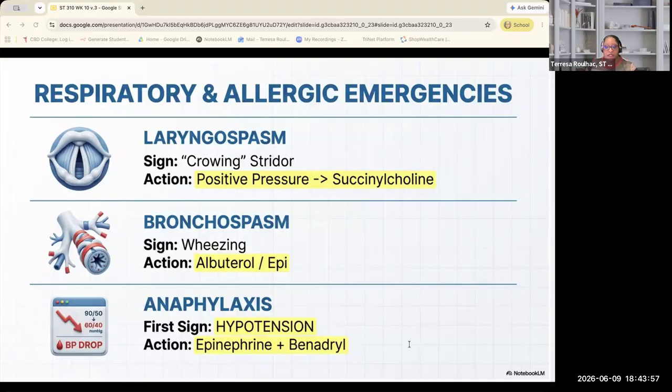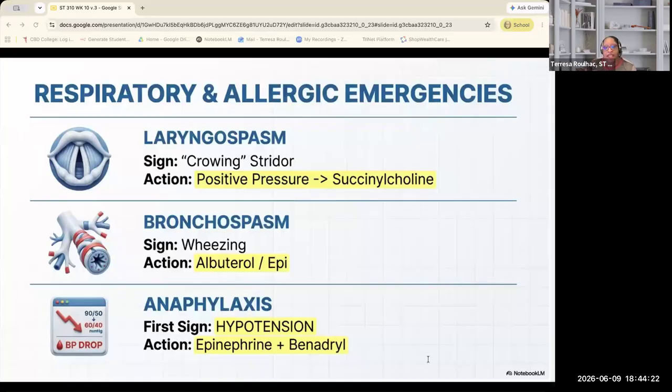If you're struggling to tell these apart, I want you to focus on the key clue. Laryngospasm, stridor. Bronchospasm, wheezing. Anaphylaxis, hypotension. If you can identify the clues, you can usually identify the emergency. Okay, so let's try one.